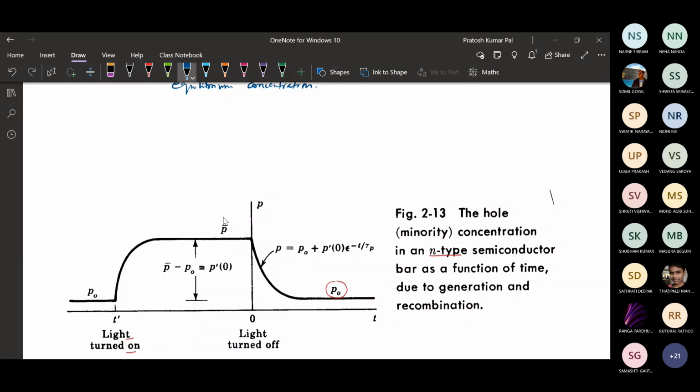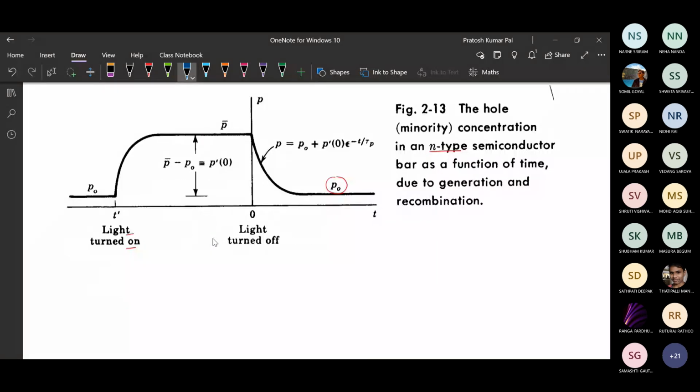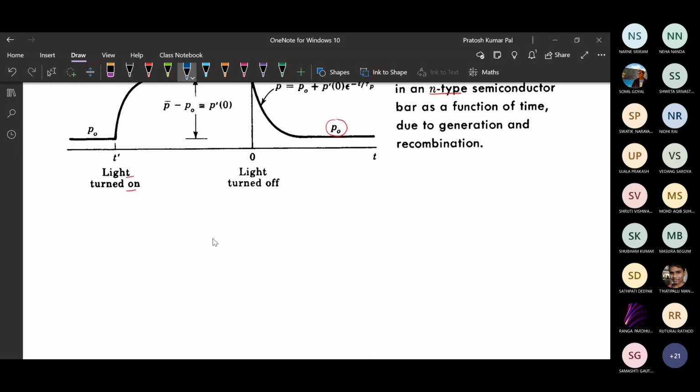Okay, so we will relate the concentration of holes and electrons generated with respect to the recombination of the same holes and electrons. So suppose initially at equilibrium, the hole concentration is p naught and the electron concentration is n naught.